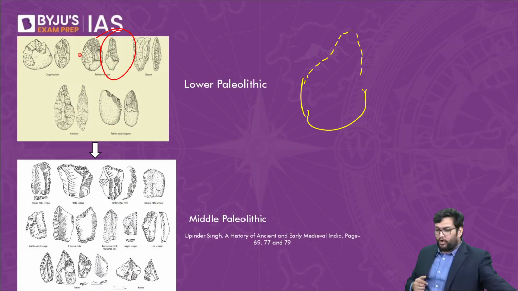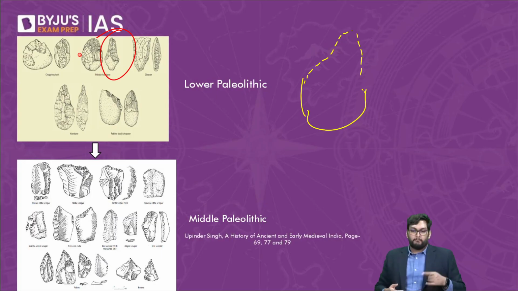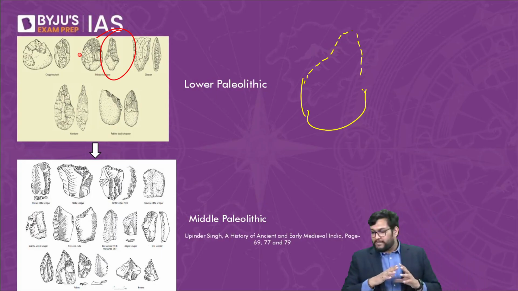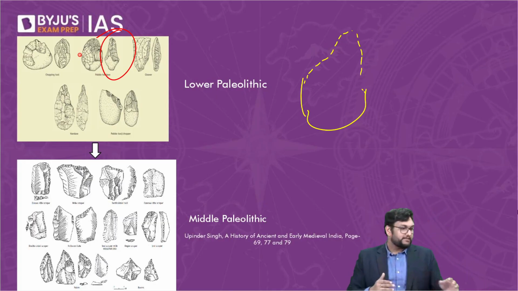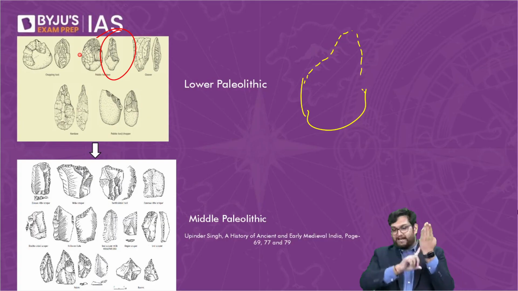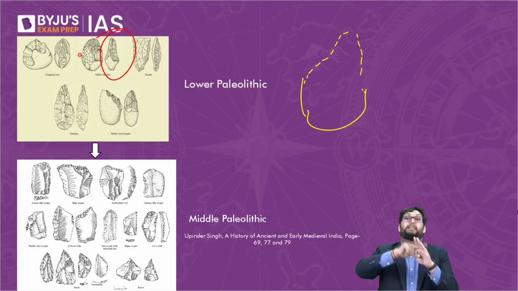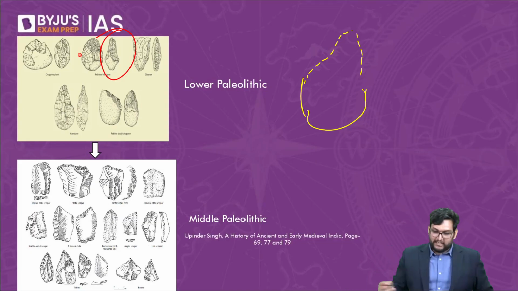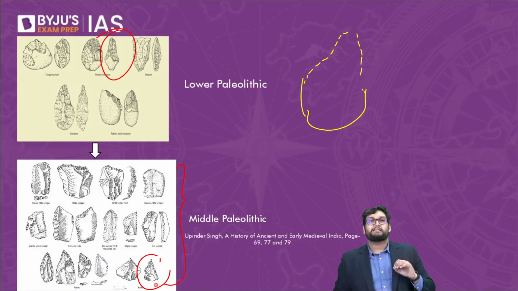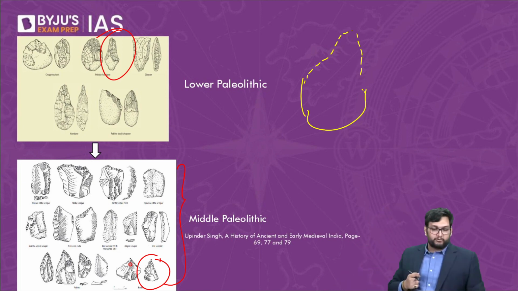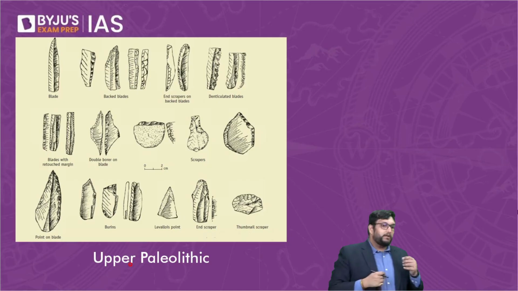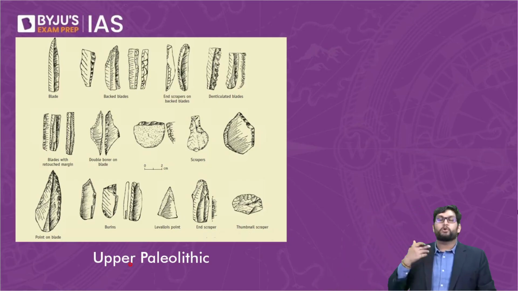But as we go on further, by middle Paleolithic, they were now making it better in the sense that if it only had one edge, they were now making double-edged. And you will see that the number of tools will increase from hand axes to scrapers to borers. And by the time we come to the upper Paleolithic period, the tools totally change.